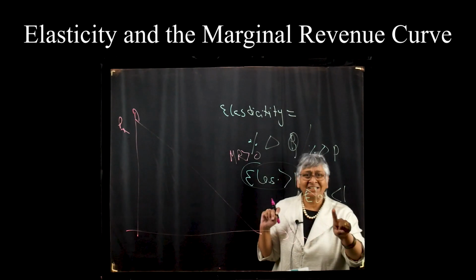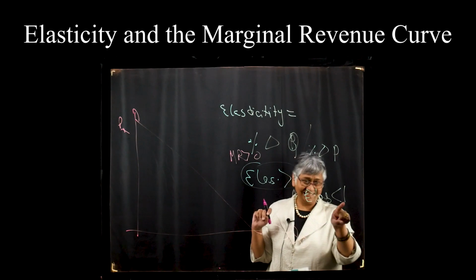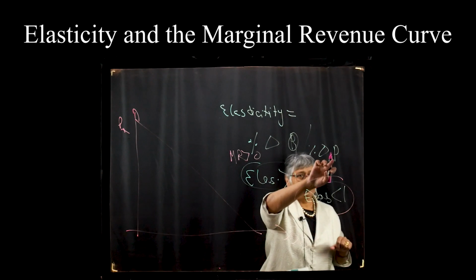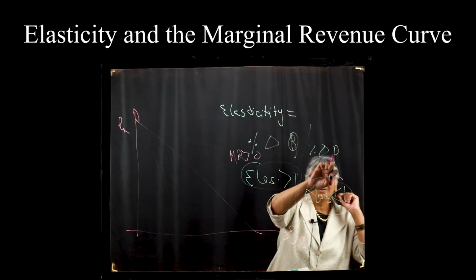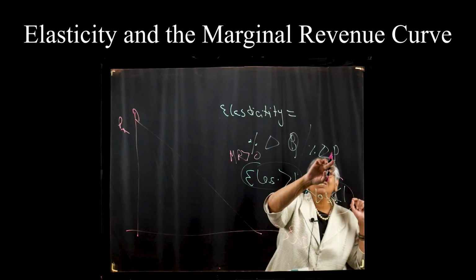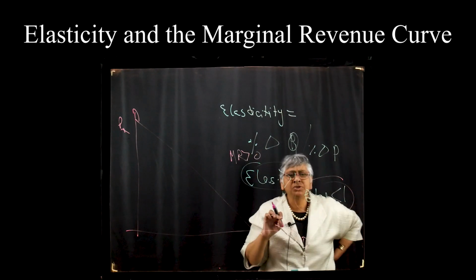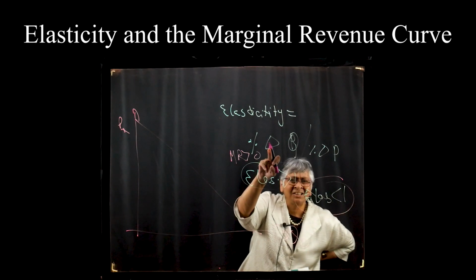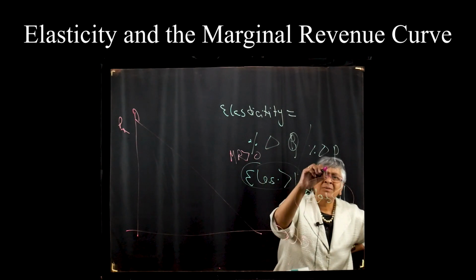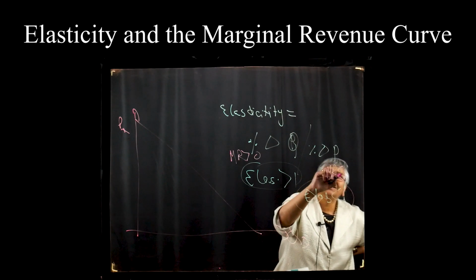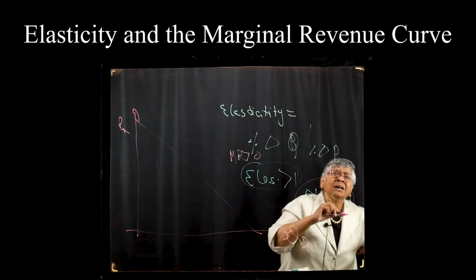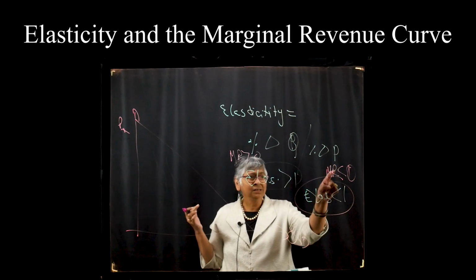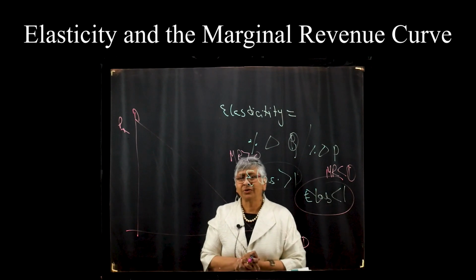On the other hand, if elasticity is less than 1, that means price decrease is too much compared to quantity increase. Price is falling very fast, quantity is not increasing enough. I'm not really getting a whole bunch of revenue increase. In fact, my revenue is dropping, marginal revenue is less than 0.